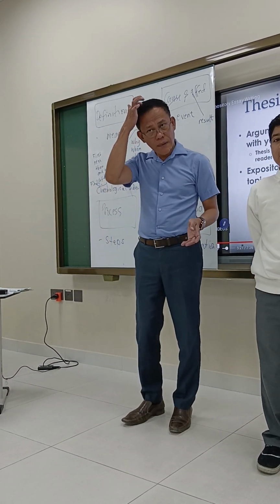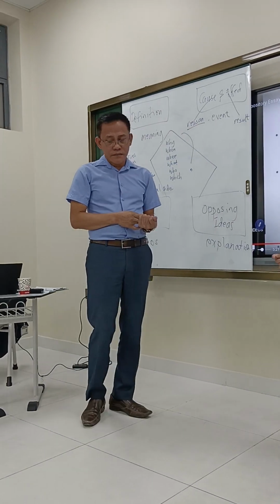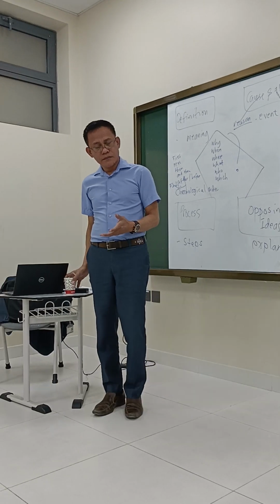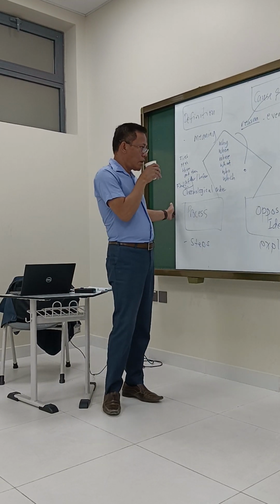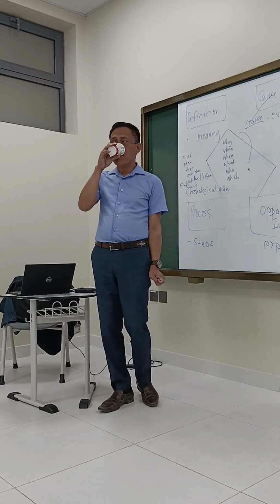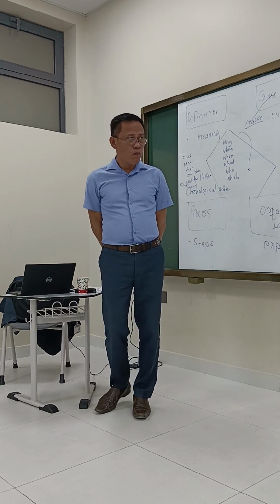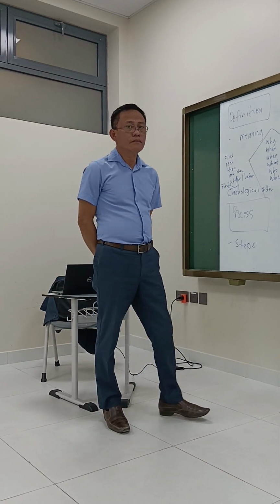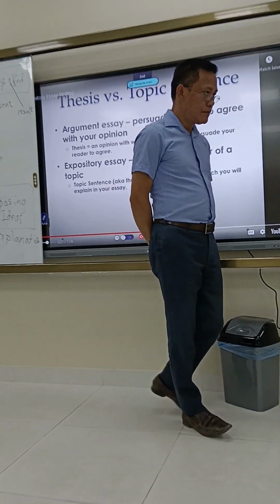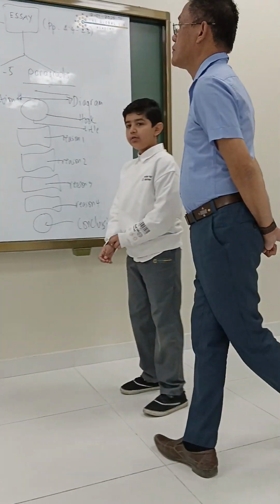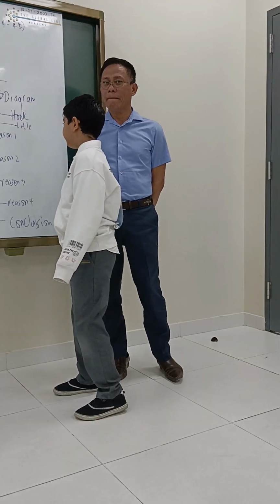An expository essay is a story or an explanation story that explains or exposes the main object. This is the organization. First, the hook, which is the title, because it's the most important part of the story.